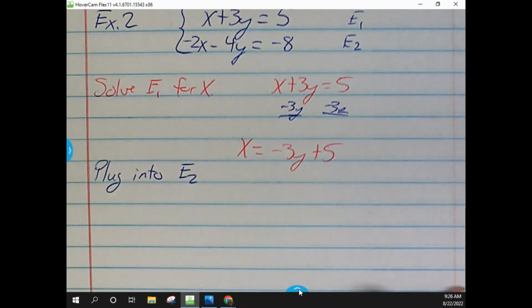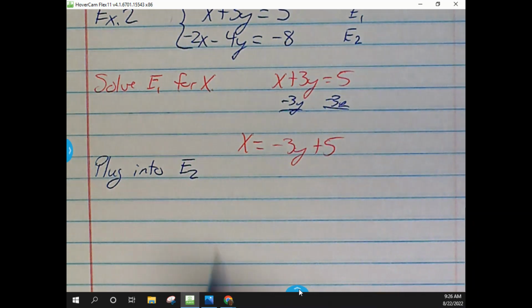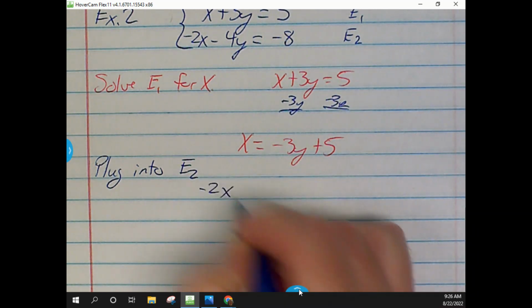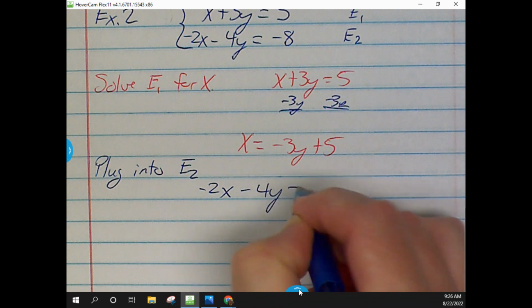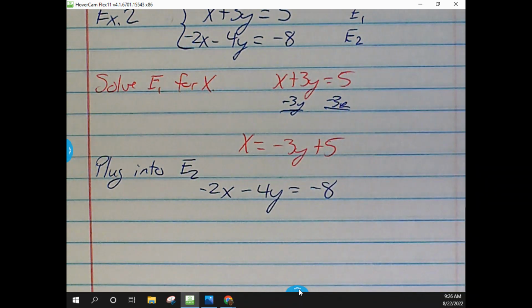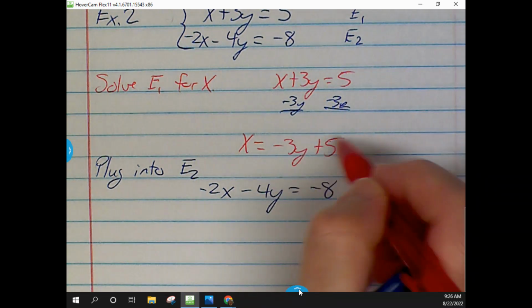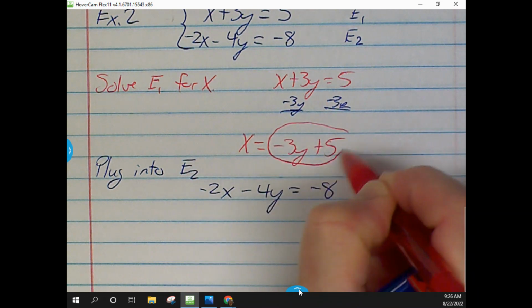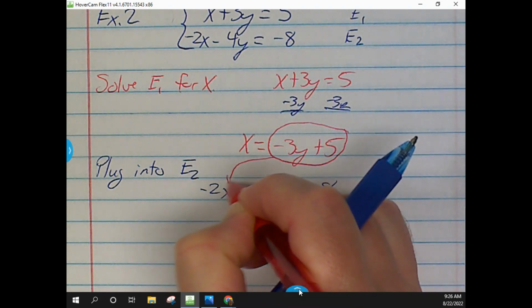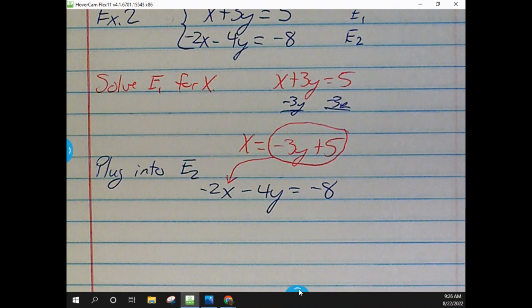And to me, it always helps to write down an equation just so we can see what we're doing. So we're going to plug that into negative 2x minus 4y equals negative 8. So wherever we've got x, we're going to take this whole thing out and plug it in right here.